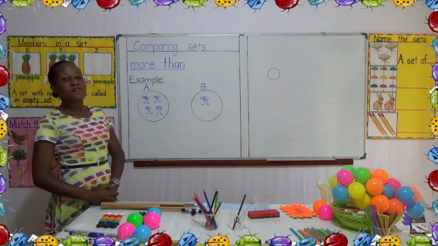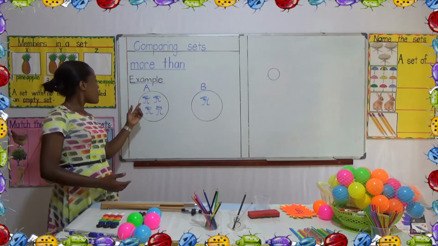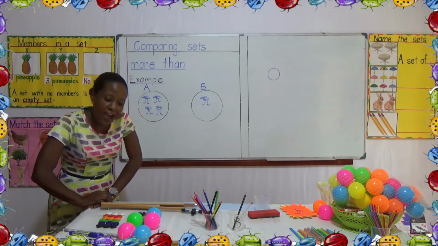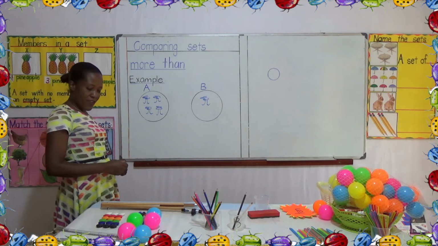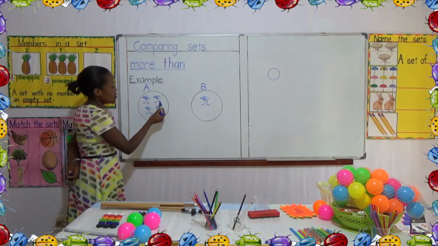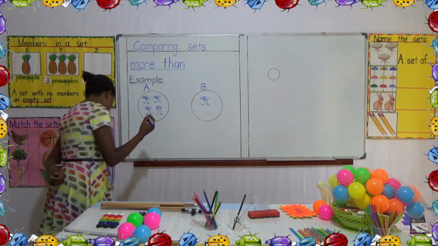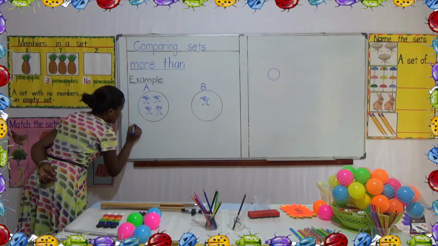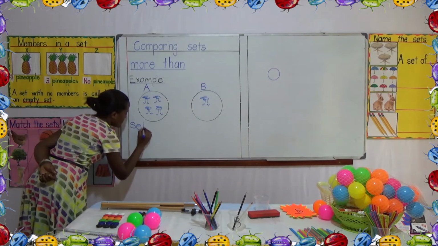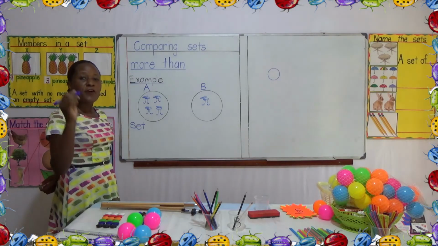Our sets have trees. There are trees in our sets. But let's find out how many trees set A has. Let's count them together. 1, 2, 3, 4. So we have said set A has 4 trees.